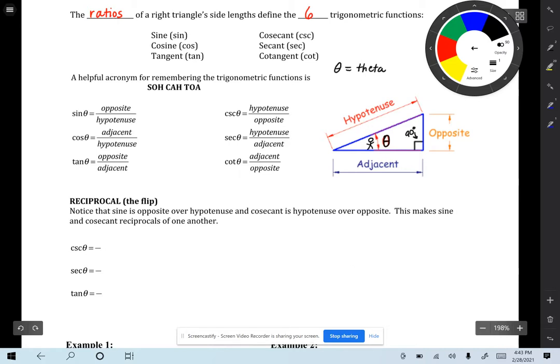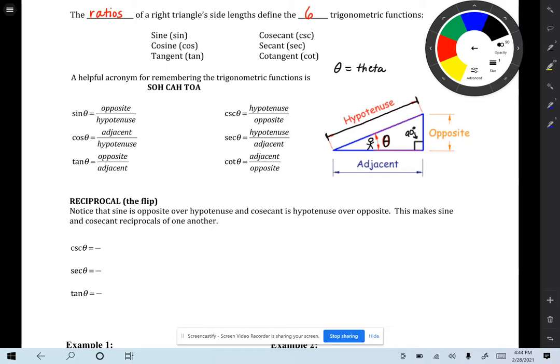And the 90-degree angle is indicated by the little square in the corner. So right across from the 90-degree angle is this hypotenuse, which is the longest side of a right triangle. And then the two shorter sides are known as opposite leg and adjacent leg.